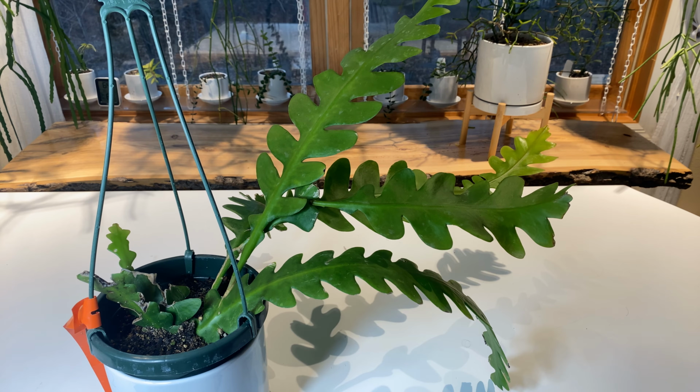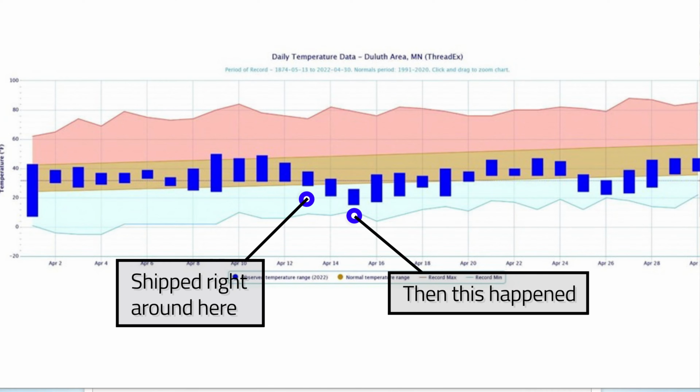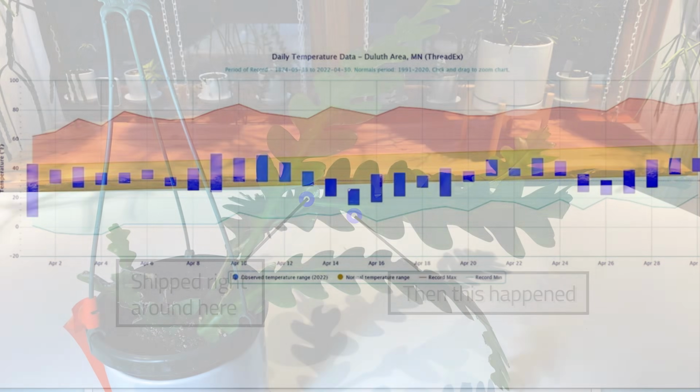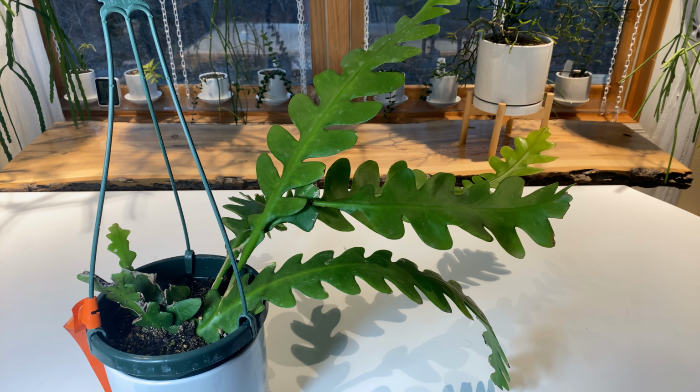So what ended up happening is that he shipped this plant to me, and unfortunately, right afterwards, there was a sudden cold snap. And so the temperatures outside were below freezing. And I was like, oh my goodness, right? So I'm about to get this plant that I've wanted for forever, and it's freezing outside.